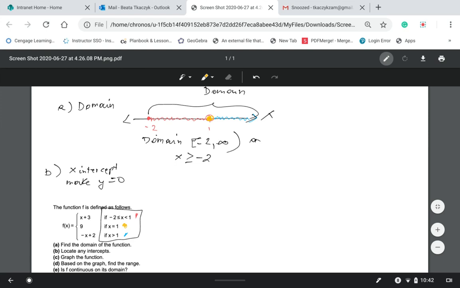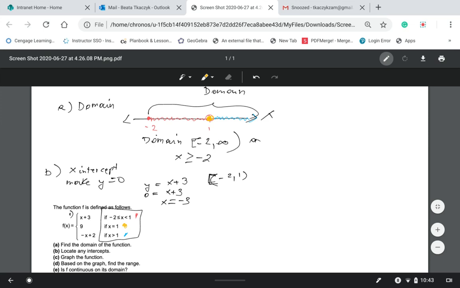I'm going to start with the first function, the first equation. We have y is equal x plus 3, and the domain of the first function is from -2 to 1, with a bracket. To find the x-intercept of the first function, make y equal 0. So I have 0 is equal x plus 3. Solving for x, you get x equal -3.